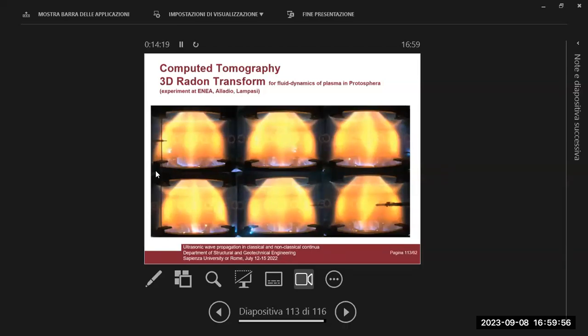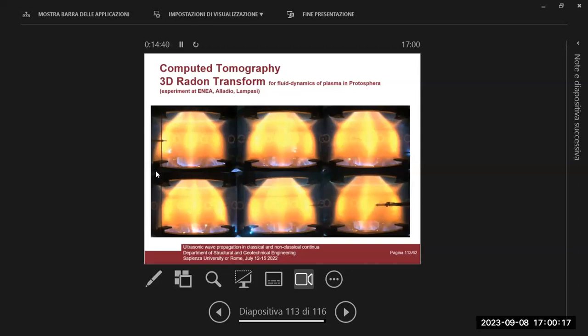And the idea was to recreate the same spatial distribution of plasma that establishes in a tokamak in this other chamber.